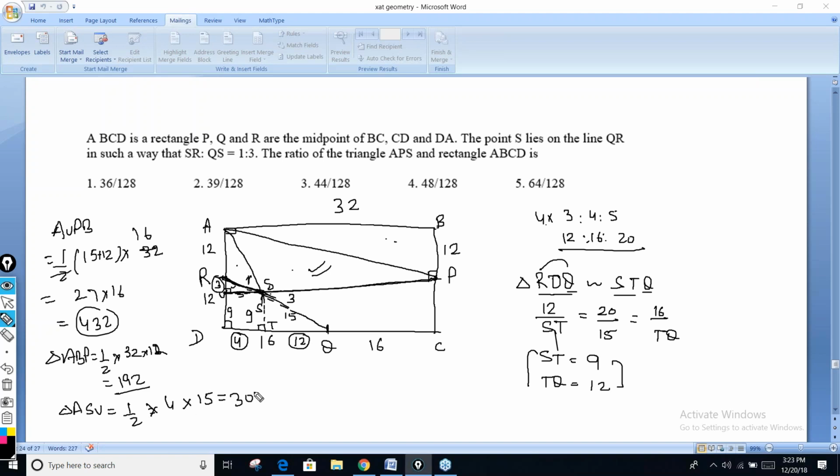So 30. So what is the area of triangle APS? Area of triangle APS is 432 minus 192 minus 30. So 432 minus 192 comes out to be 240, minus 30 is 210.